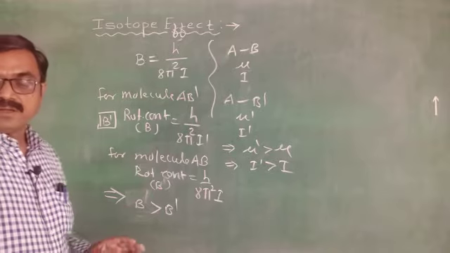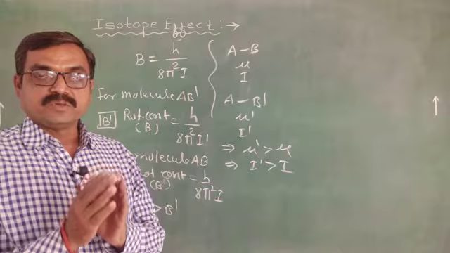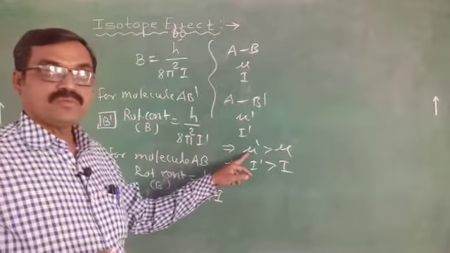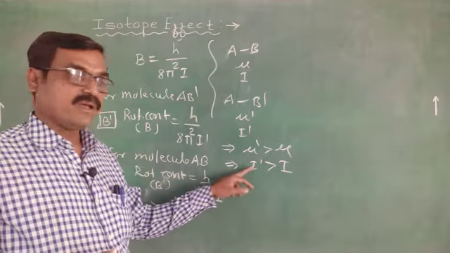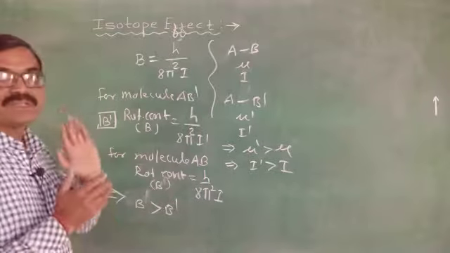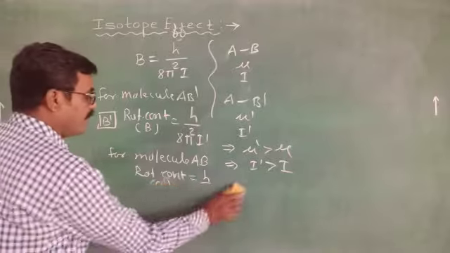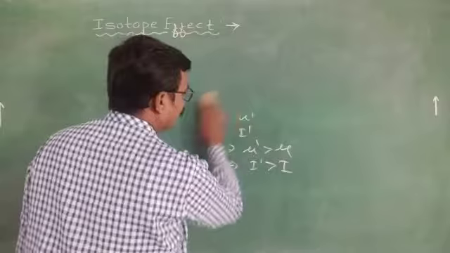Means for isotopic atom, due to the isotopic atom, the molecule has more mu, that's why a higher moment of inertia, and that's why the isotopic molecule has lower rotational constant, and hence the rotational spectra of AB dash is different than that of the normal molecule AB.